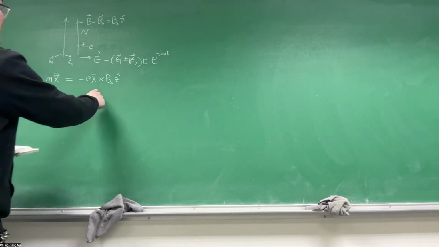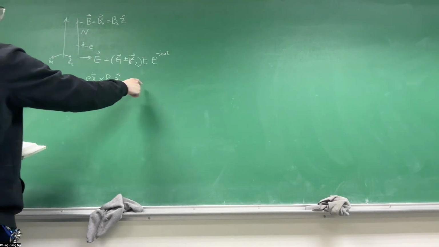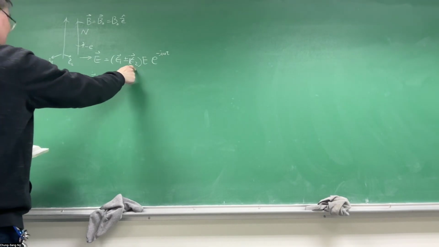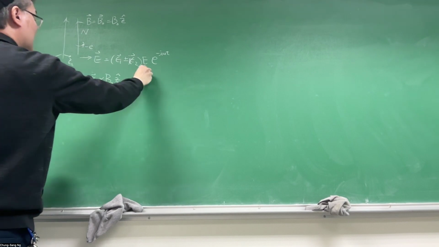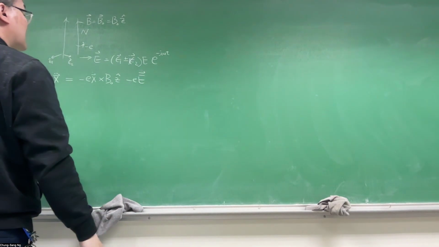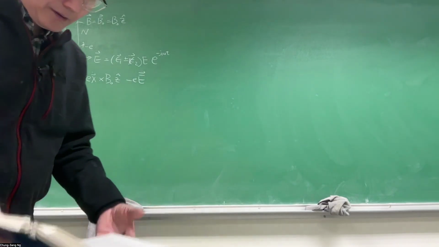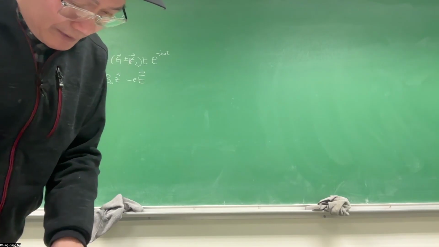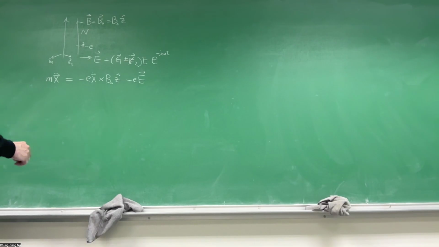So we keep just the uniform field here, and then the electric force is minus e times E. That's equation 7.63, except that moving this term to the other side doesn't matter.